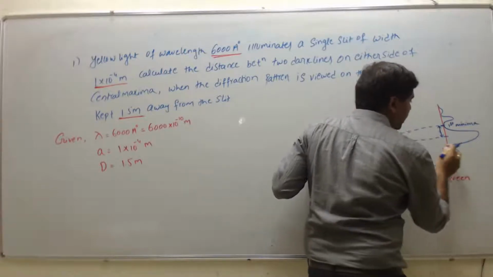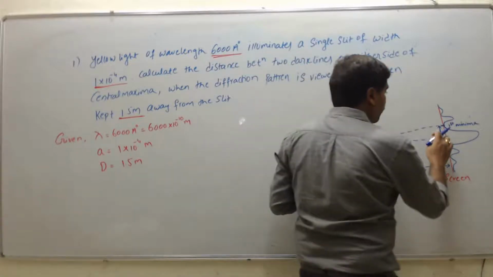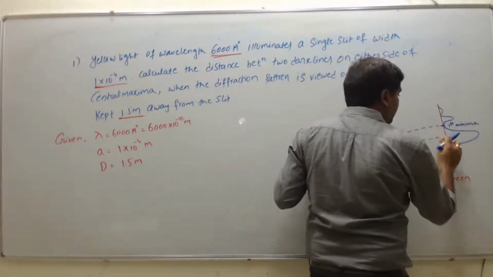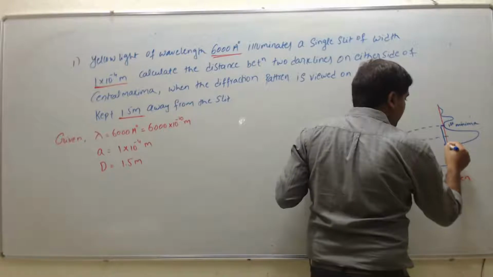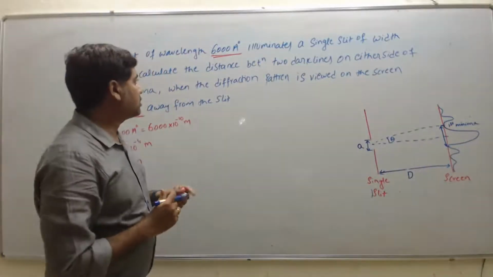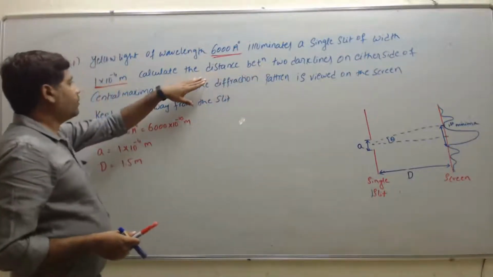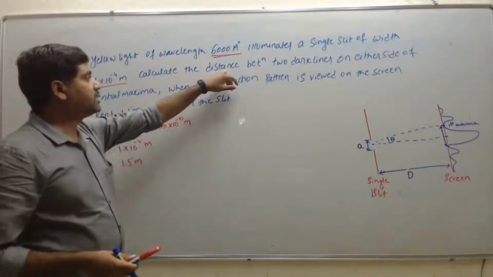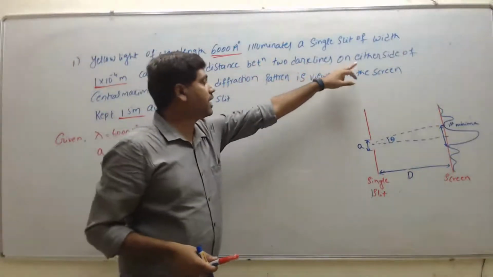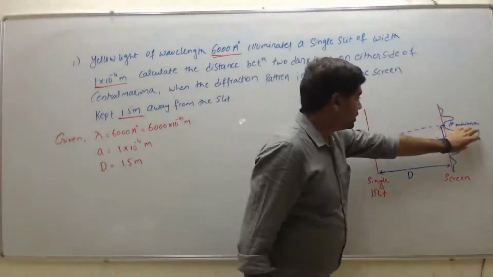So this represents the dark region. Here we are going to find the width of the central maximum. They did not directly ask to find the width of the central maxima. They ask for the distance between two dark lines on either side of the central maxima. So this one is the central maxima.